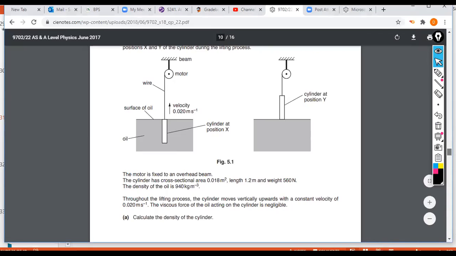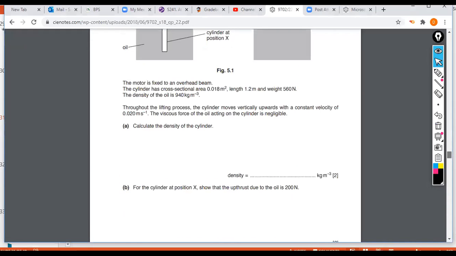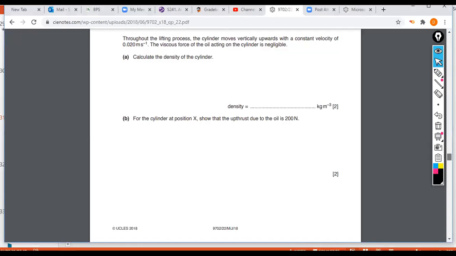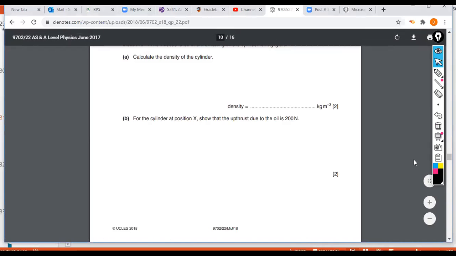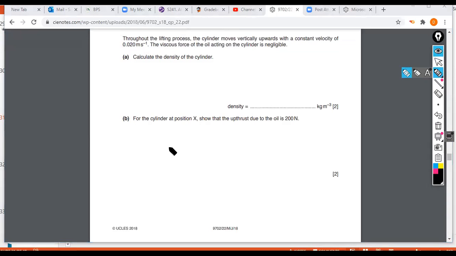How could we determine that the upthrust here due to the oil is 200 newtons? All right, so that's what we're trying to do. Let's consider the cylinder in the oil. And remember that the cylinder has a height of 1.2 meters. I'm calling it a height, they called it a length.